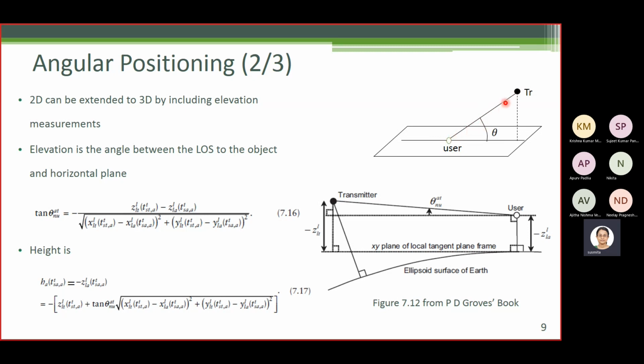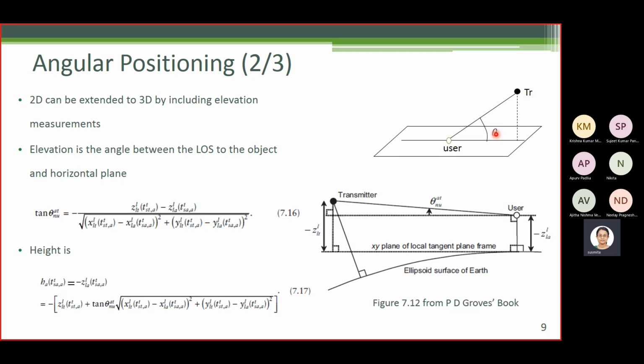Then the angle the line of sight makes with this horizontal plane, because this plane is tangential to the Earth's surface, we call it the horizontal plane. The angle that the line of sight makes with this horizontal plane is elevation, denoted as theta in this video.